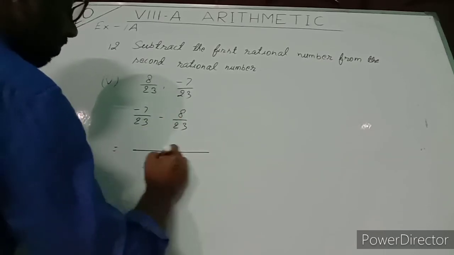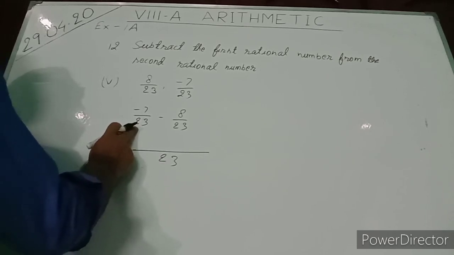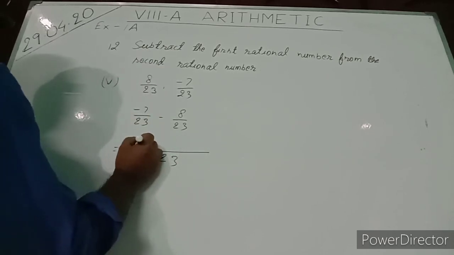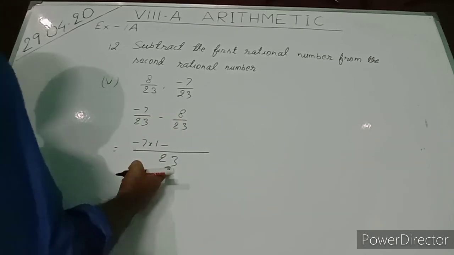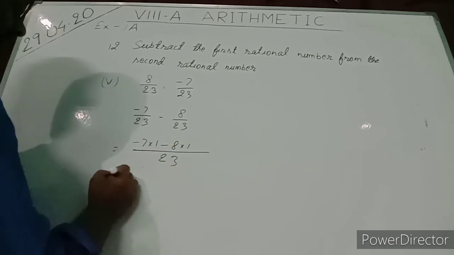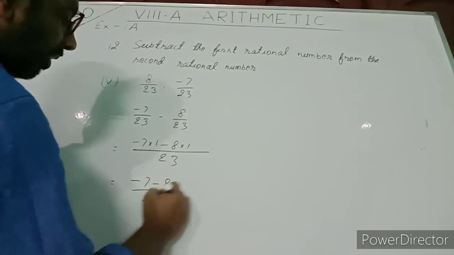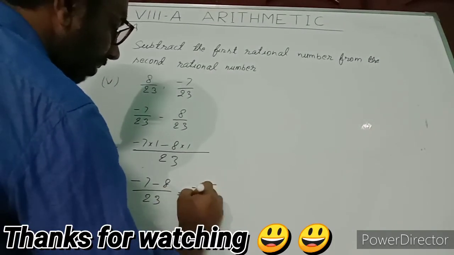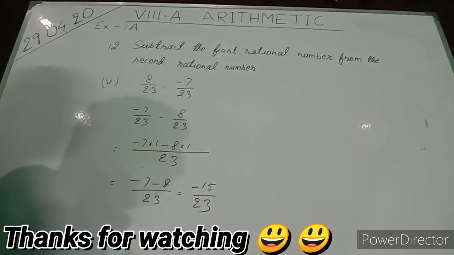Denominators are the same, so the LCM will be 23. We divide this 23 by this denominator, we get 1. Minus 7 into that 1. This minus will come here. We divide this LCM by this denominator, we get 1. So 8 into 1. Simplification, minus 7 minus 8 by 23 equal to minus 15 by 23. The remaining questions I leave for you to do at home.